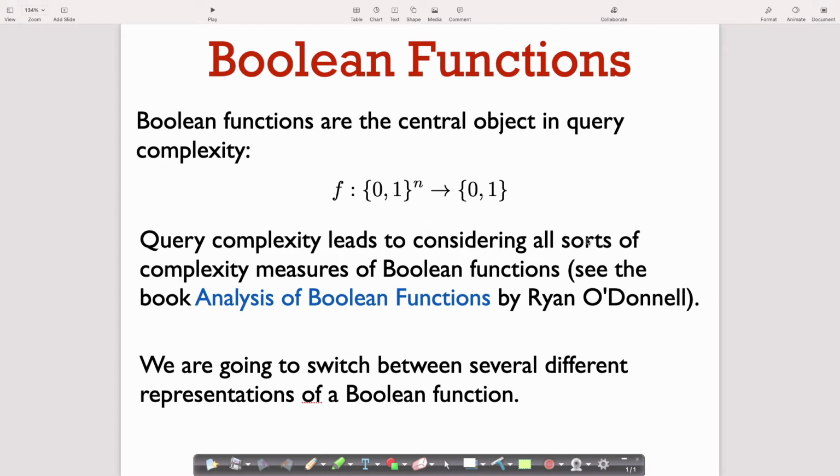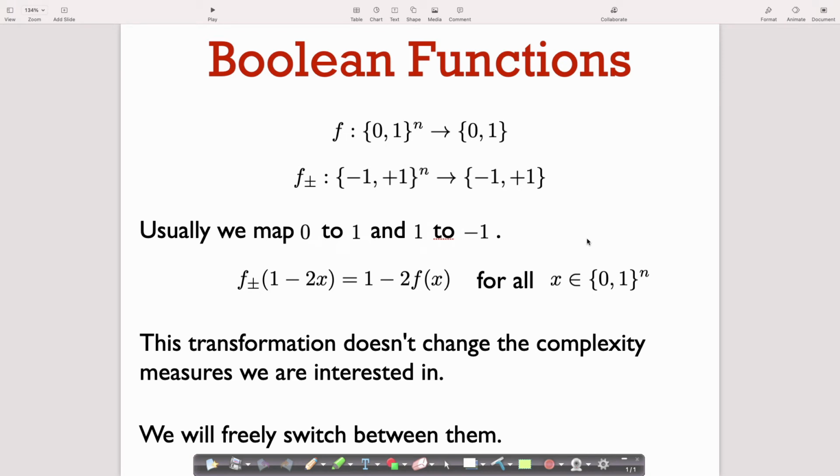For the polynomial method especially, it is more convenient to consider a representation of the function over -1, +1 instead of 0, 1. So we're actually going to consider functions from {-1,+1}^n to {-1,+1}.